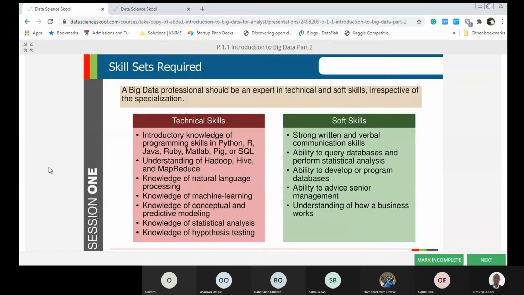Can you predict it? Yes, you can predict it because you know what you have been selling on a daily basis. So that technique that you use to predict your sales numbers is a machine learning technique.